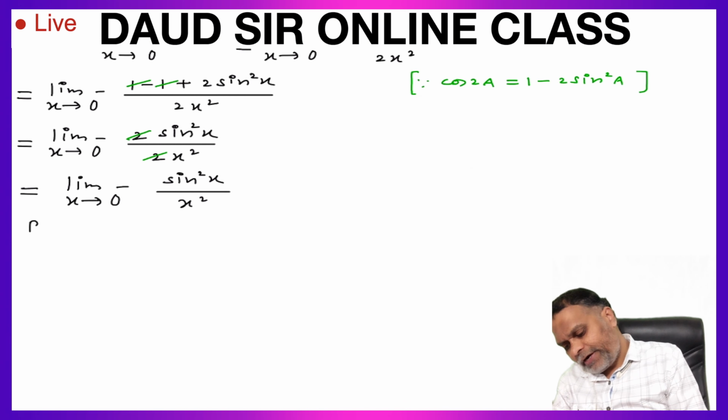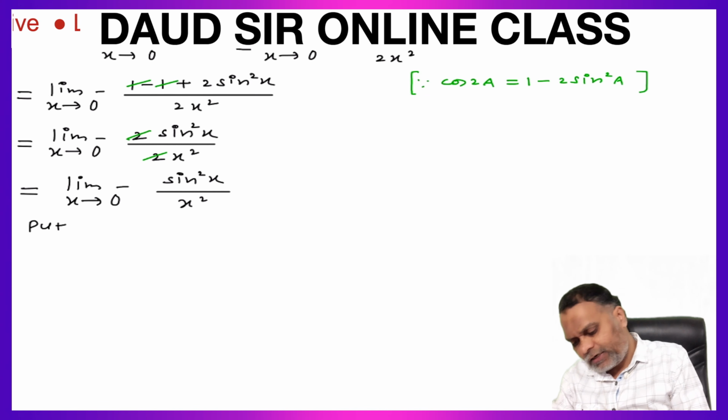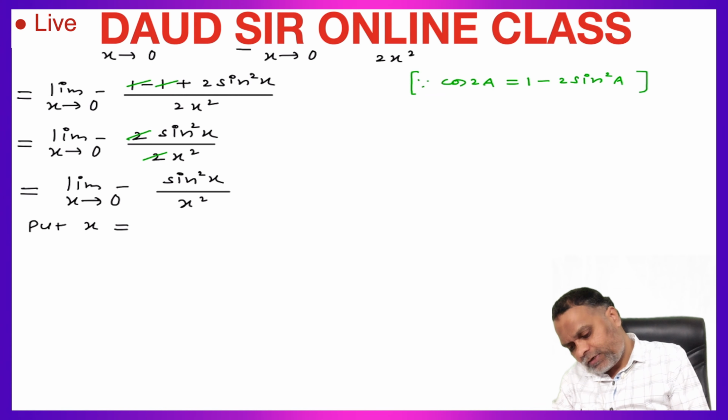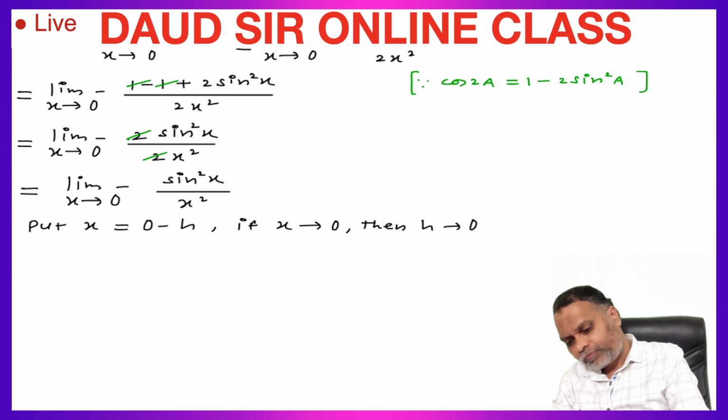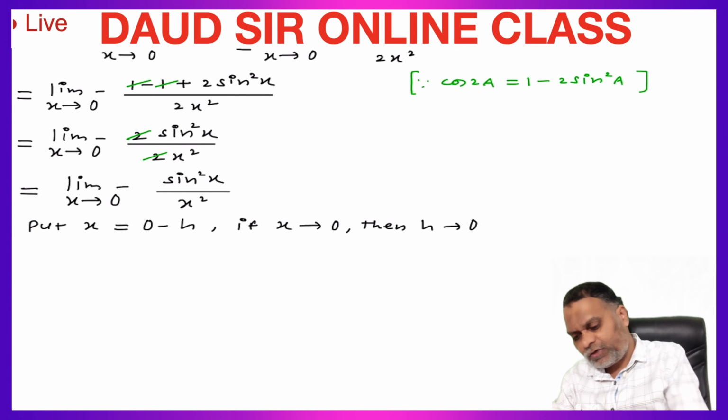For left hand limit, we have to substitute x is equal to a minus h. Here a is equal to 0. So put x is equal to 0 minus h. Change tends to, if x tends to 0, then h tends to 0. How? This 0 minus h put here, 0 minus h tends to 0, that is minus h tends to 0, that is h tends to 0.